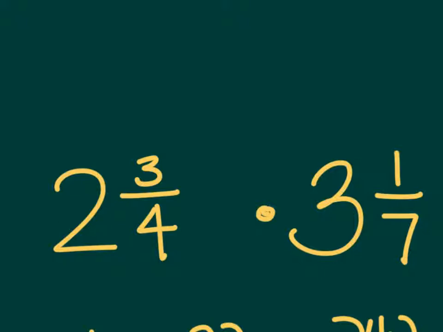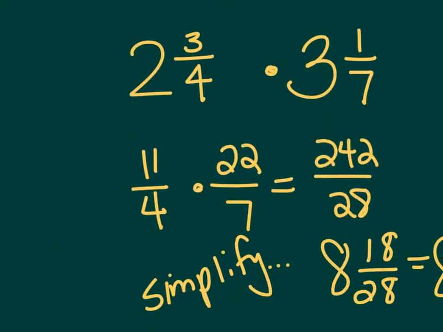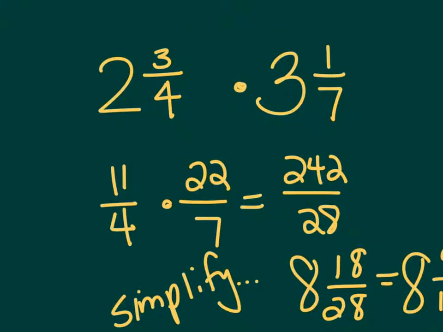So on the last slide, we discussed 2 and 3/4 multiplied by 3 and 1/7 as two different mixed numbers. But now I want to multiply them together. So I'm going to think about using those improper fractions that we had, which was 11/4 multiplied by 22/7.